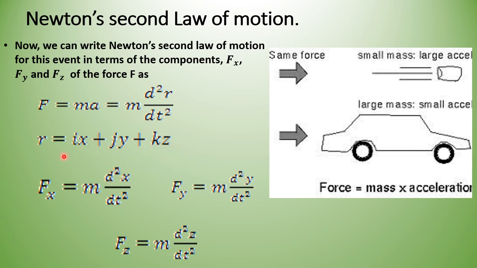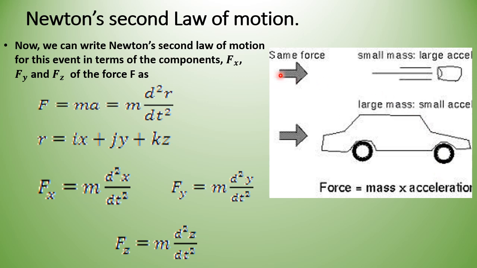Now, separating the components, Fx is equal to m d squared x over dt squared, Fy equal to m d squared y over dt squared, and Fz is equal to m d squared z over dt squared. The picture you are seeing there is giving us the definition of Newton's second law, which is force equals mass times acceleration.